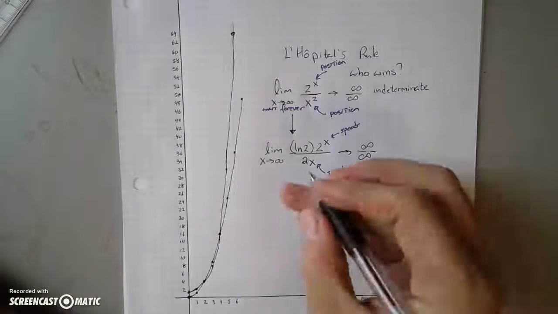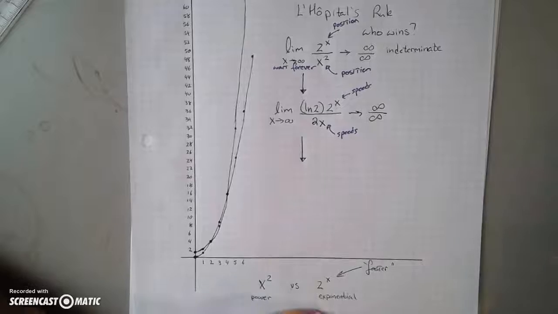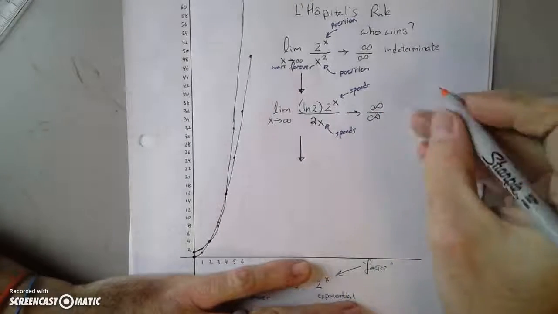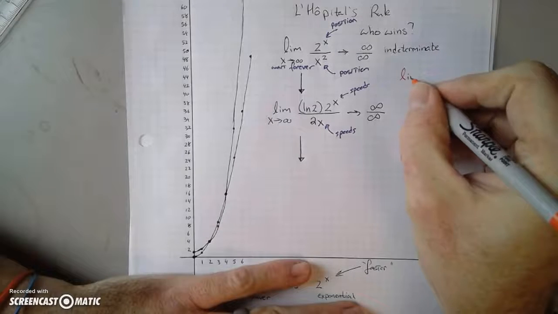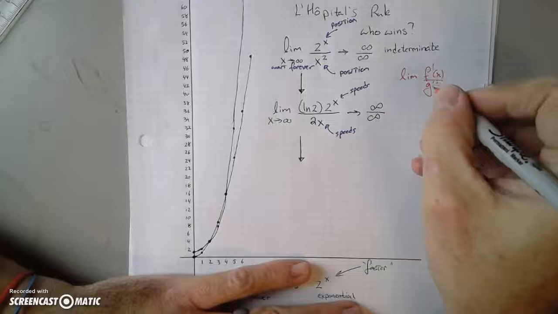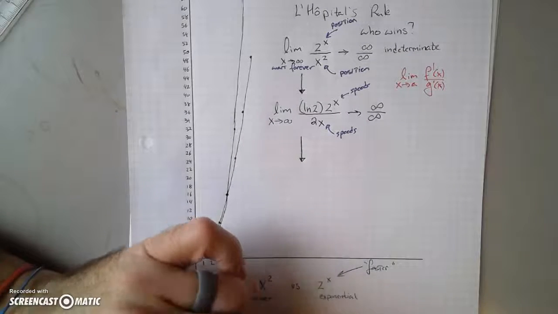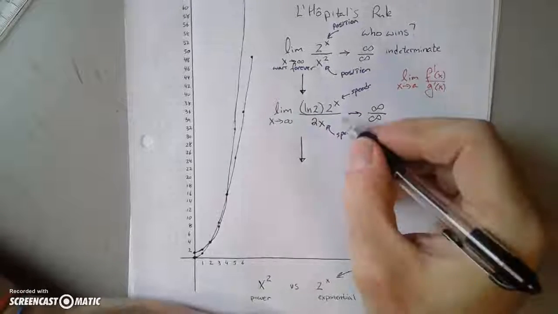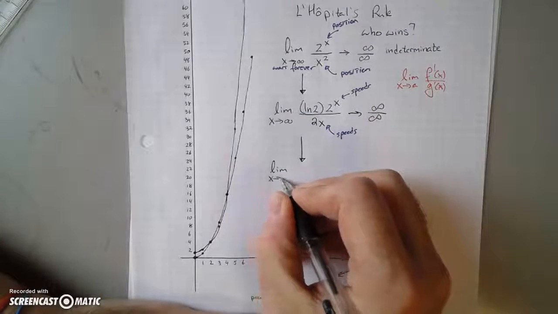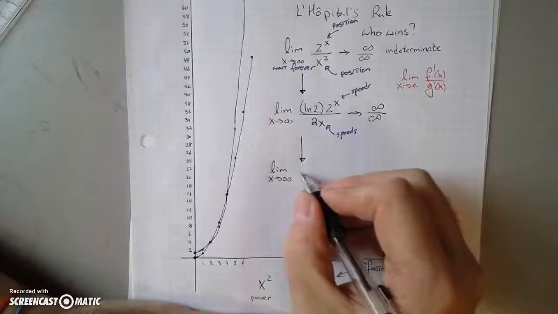Well, we could look at their accelerations. This is just using L'Hopital's rule again. So let me just indicate here. The idea is to look at the derivatives to compute the original limit. So these are kind of like speeds. What about accelerations? So again, we take a pair of derivatives. ln 2 is just a constant.